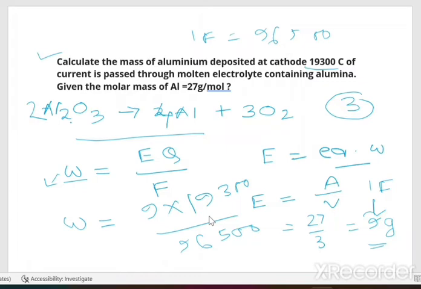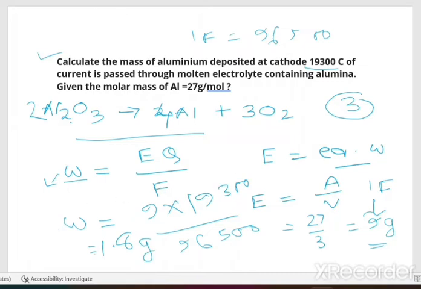So 9 into 19300 divided by 96500. So we get 1.8 gram. So the answer will be 1.8 gram. Using this formula we can calculate.